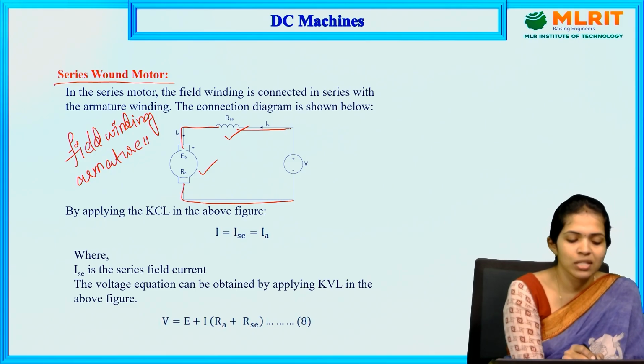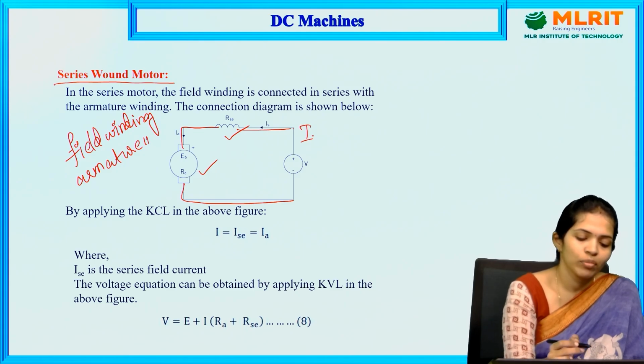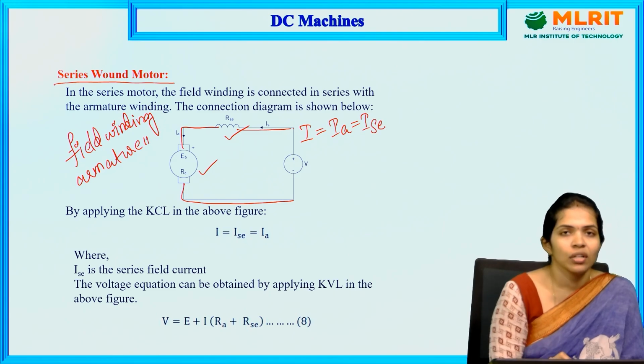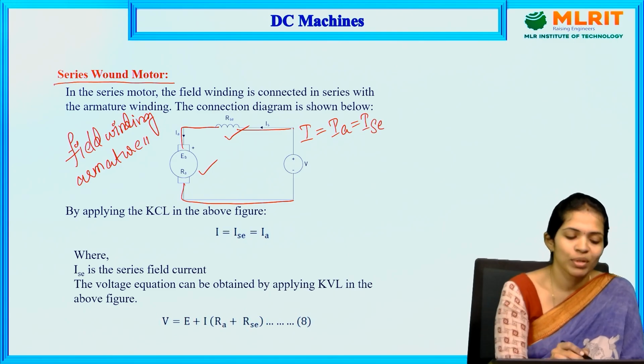We know that in series the current remains the same. So the line current will be equal to the armature current, which equals the series field current. A single current will be flowing from the supply through the armature in the form of a closed loop.